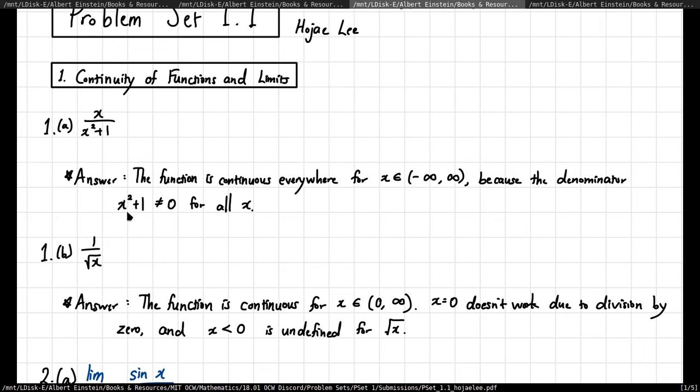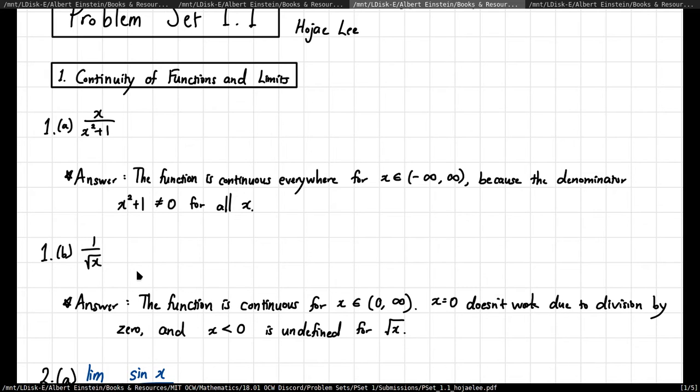Hoji does that, but without going the discriminant route, we just say that as x squared plus 1 is never going to be 0, because x squared is always positive and plus 1 is always positive, it's going to be continuous everywhere.